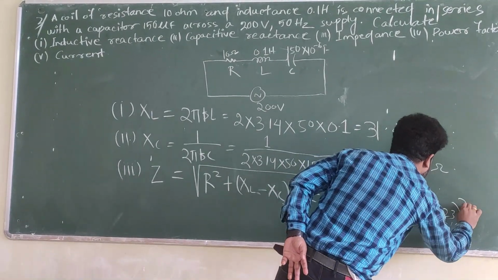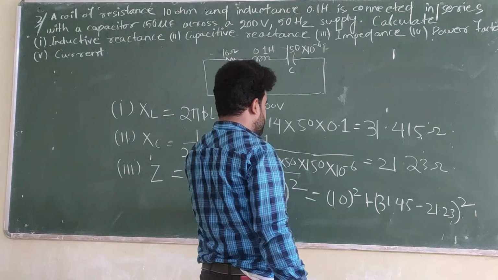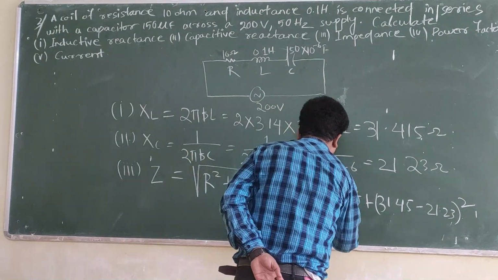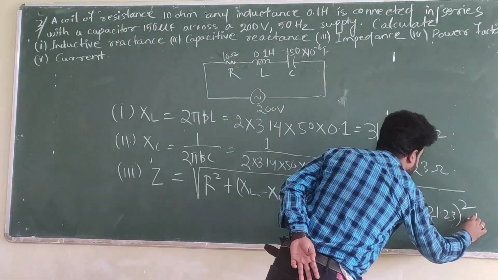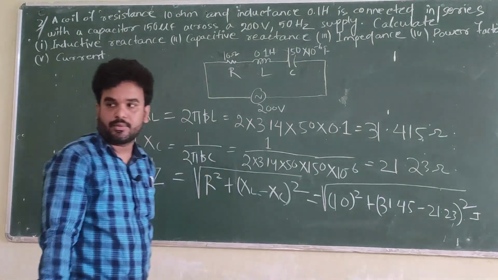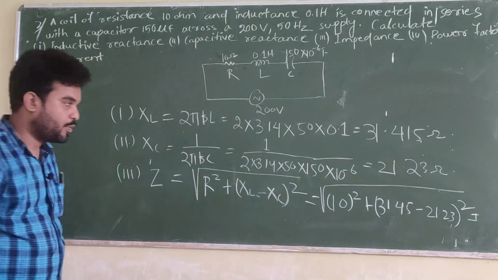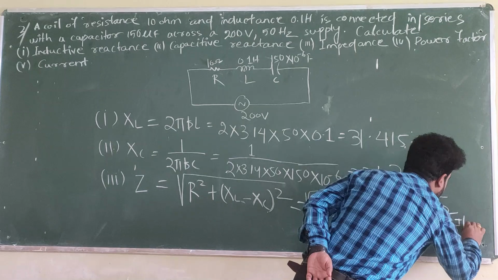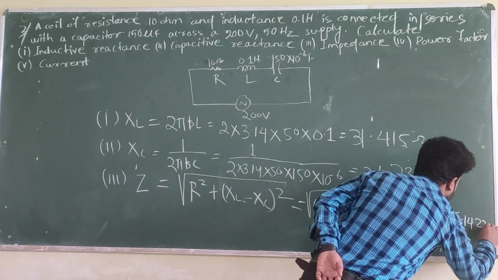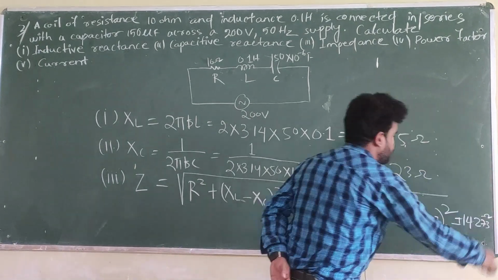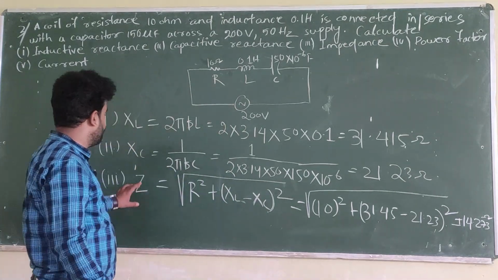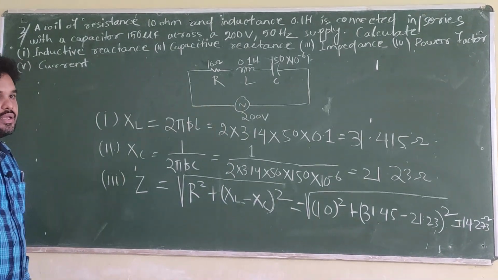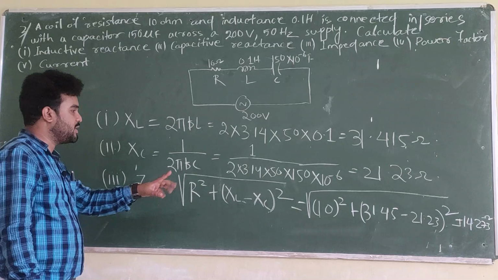What will be your answer? 14.273 ohm. Students, impedance unit is ohm, just like resistance.